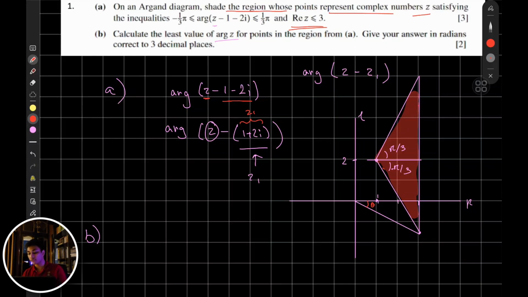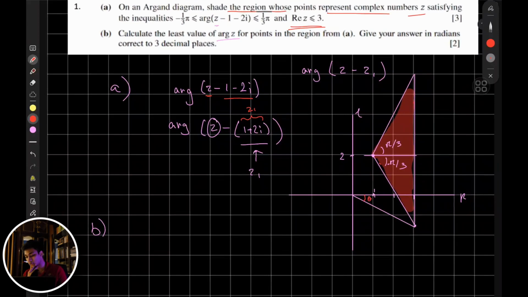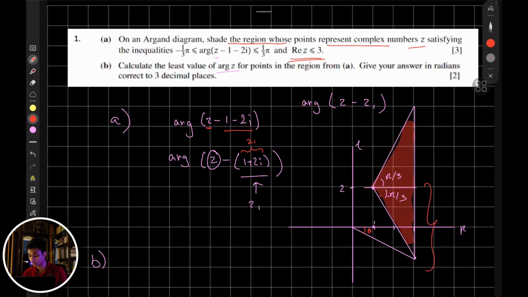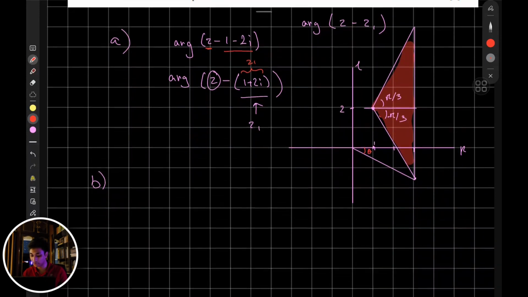Right. So how do you find this theta? It's simple. Basically, what do you know? You can find out this part, or this part. So let's find out this part, where the theta is pi by 3.